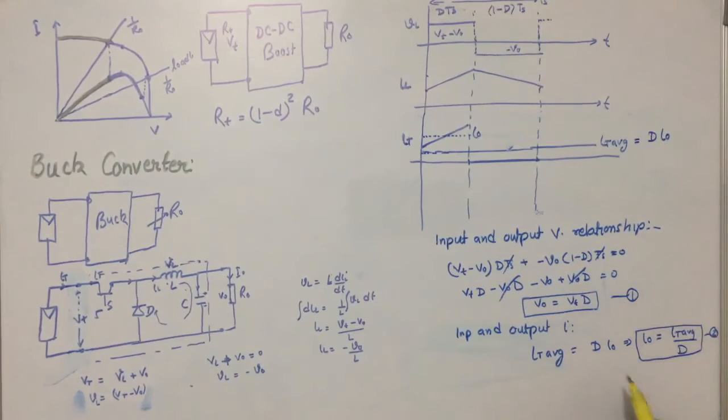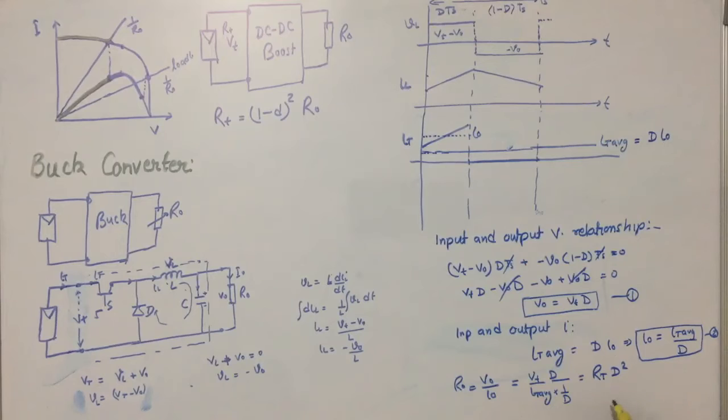Divide 1 by 2, then we have V naught divided by I naught is equal to Vt divided by IT average, with d here, divided by IT average by d. It will be RT d square. This is R naught.